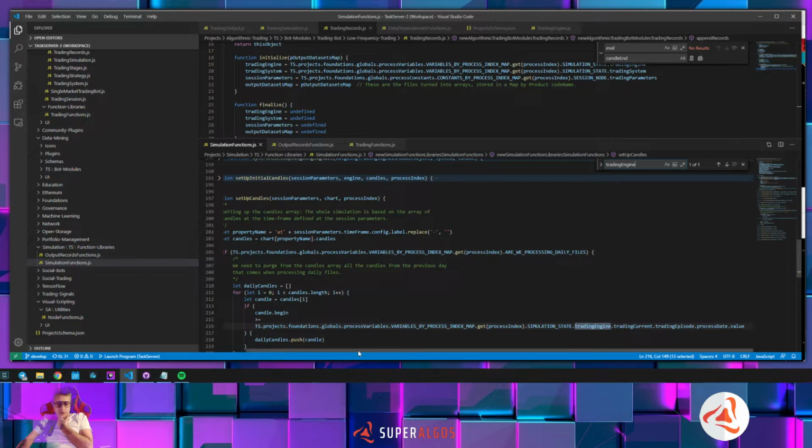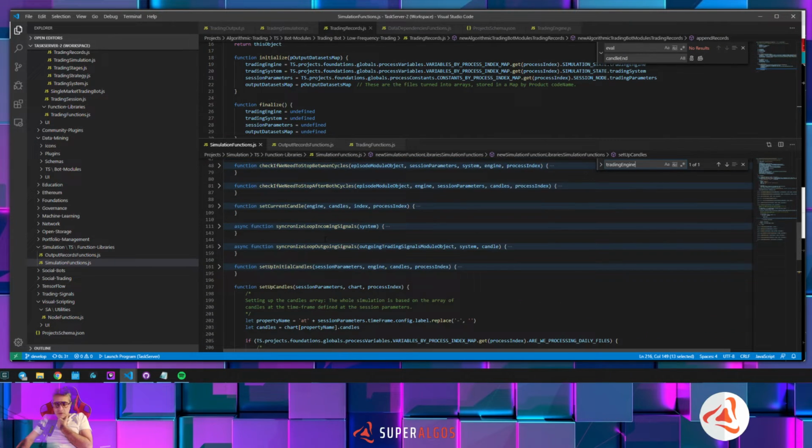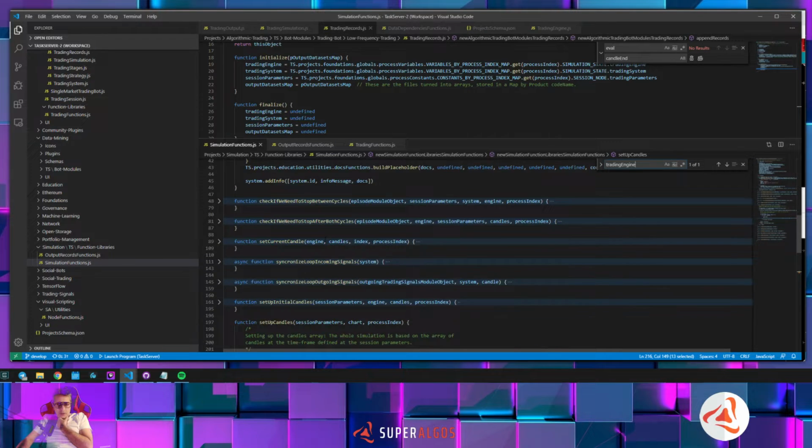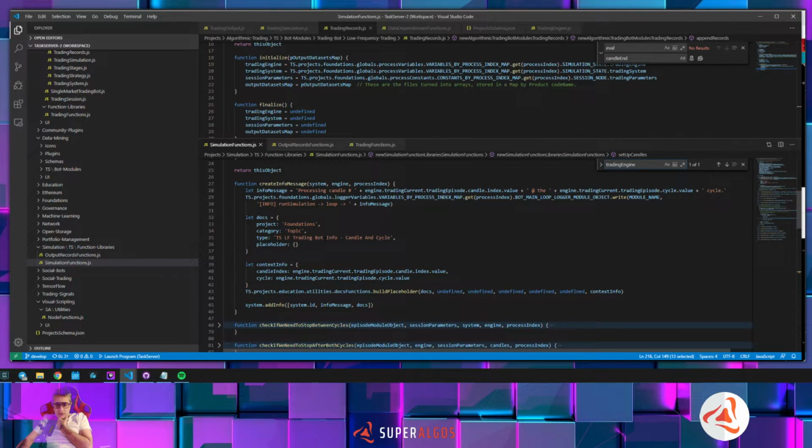I'm surprised that there is only one, but it seems there is only one. Okay, because we replaced engine, but we do still have trading current, trading episode. So this is not good.